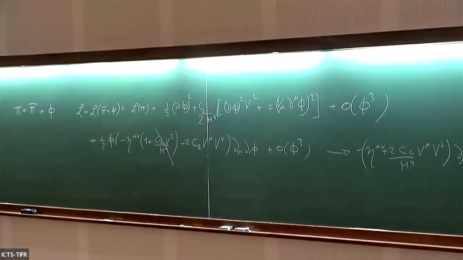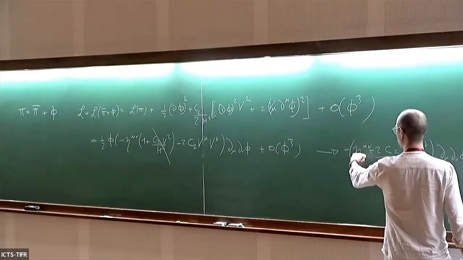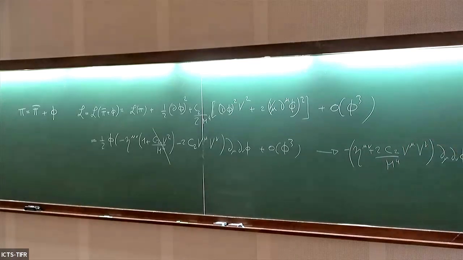So you see that there is an effective metric, just the flat space Minkowski metric, that's corrected by the background. The presence of the background means these perturbations, these wiggles, are traveling on a background. Okay?